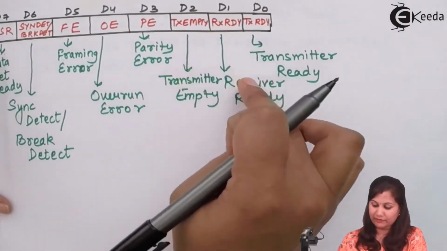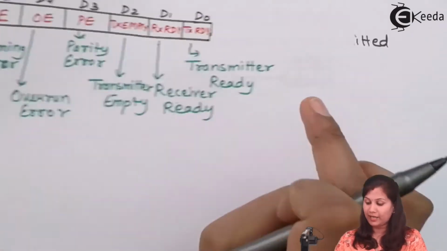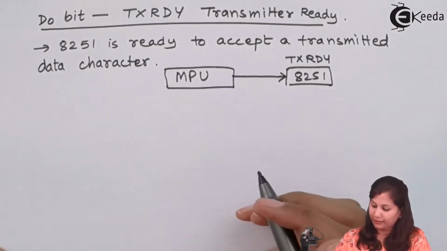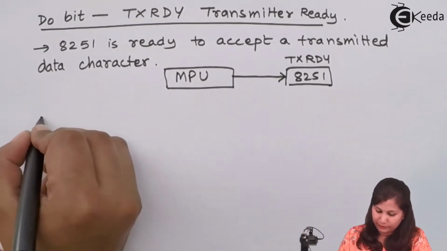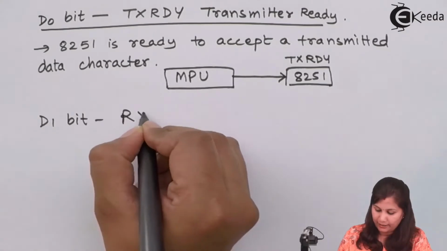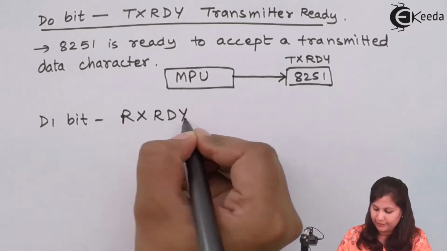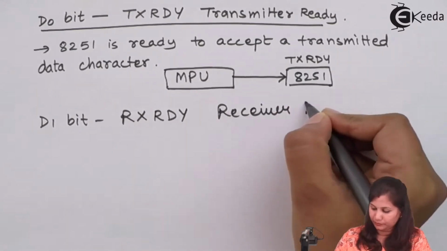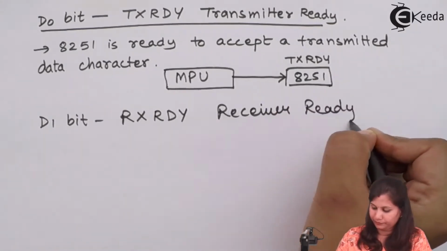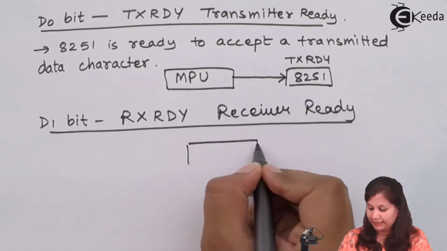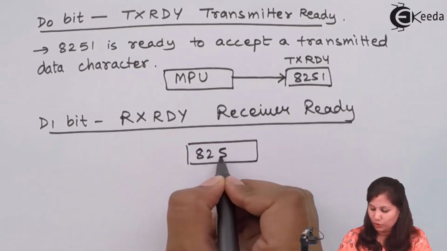Next we have receiver ready. It means that whenever the microprocessor wants to receive the data, the next bit will be the D1 bit, that is RXRDY, receiver ready. The same 8251 is acting as a receiver also.